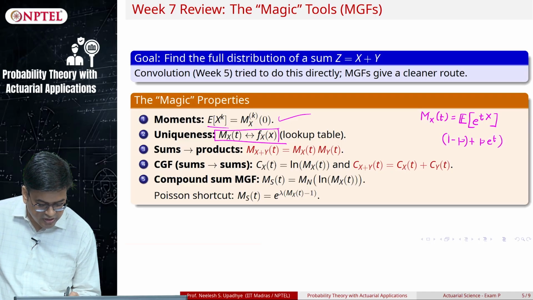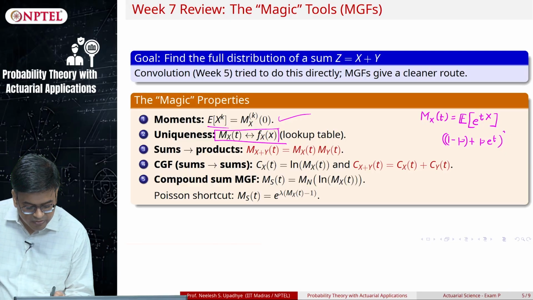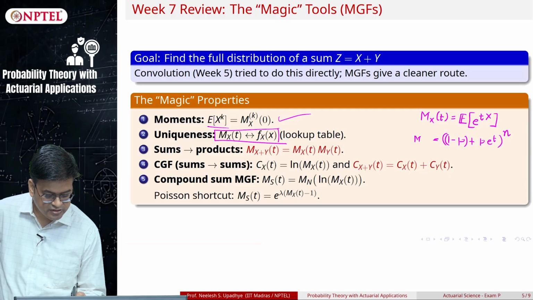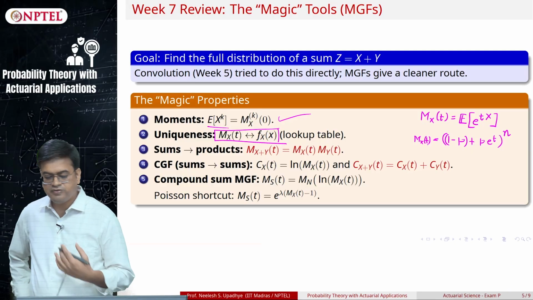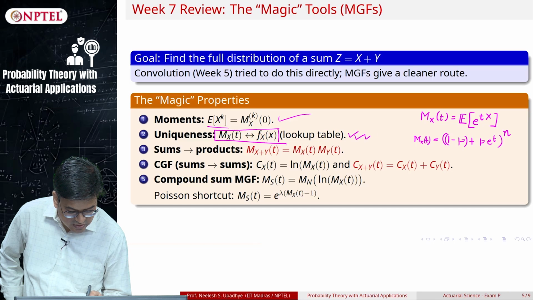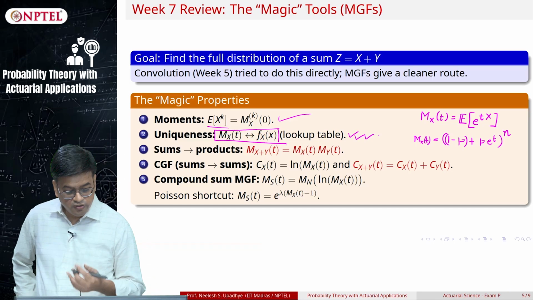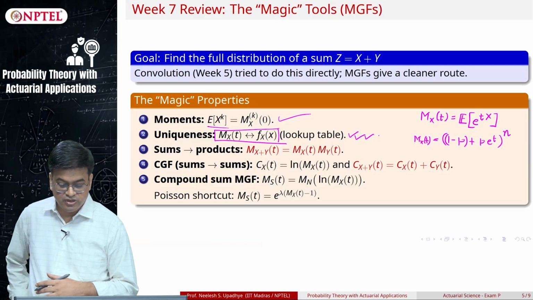Okay, this is a Bernoulli random variable. If it is a binomial random variable with parameters n and p, it will be this raised to n. So, this is my moment generating function, right. Similarly, you will have different moment generating functions. All those were discussed in this lookup table, where we had seen moment generating functions of discrete distributions and continuous distributions.